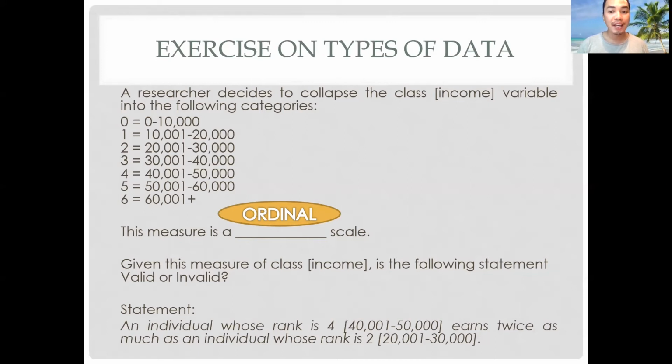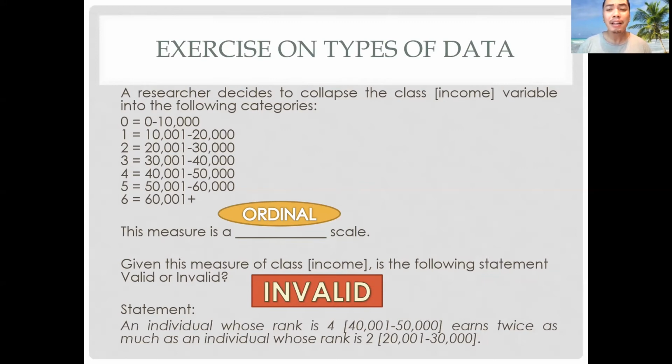The answer is invalid. The interval between measurements is not meaningful or exact, nor does it have equal intervals. We can just make statements that the income is more or less. Why?